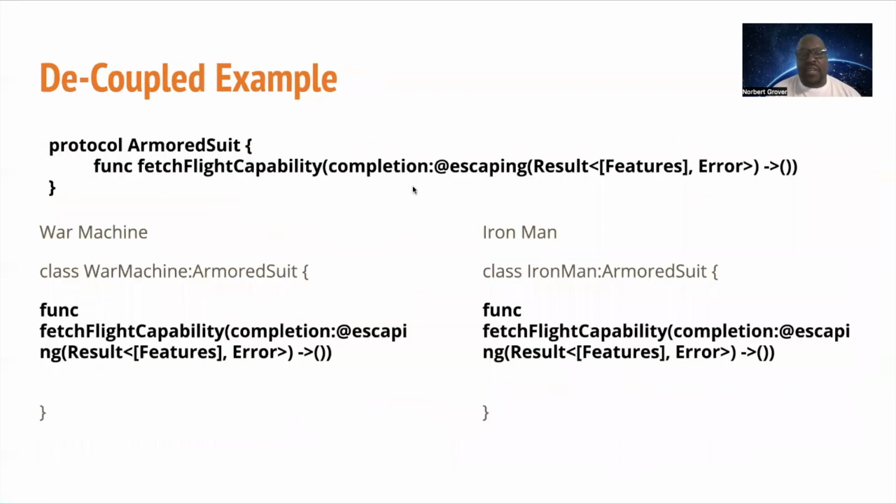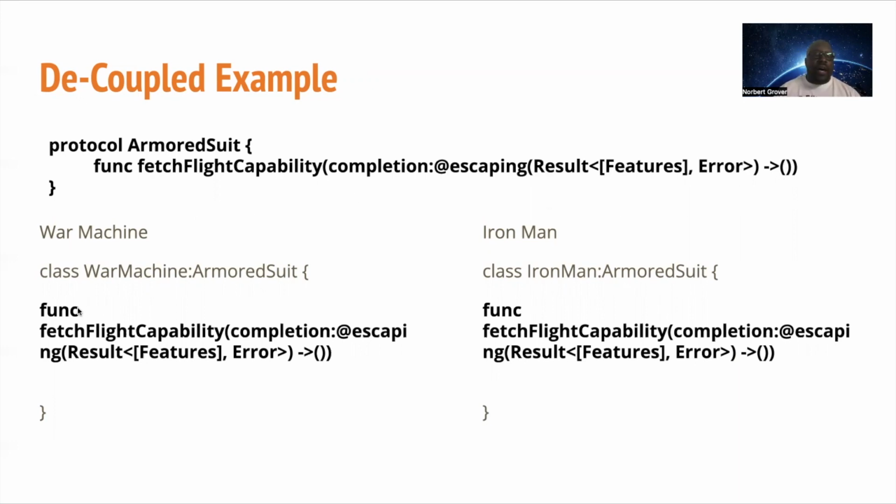Now here's another example of decoupling, right? One object is a War Machine object, and the other one is an Iron Man object, and they are connected to their powers by a method, fetch flight capability. An array of feature objects are returned, well, they aren't returned, they come from the escape enclosure, and the return is void.